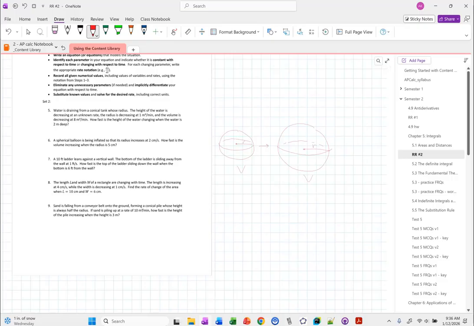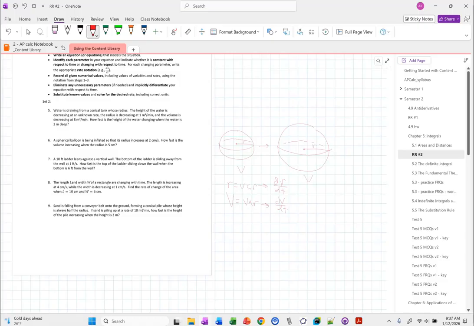If I think about my parameters, radius and volume, as that sphere is increasing, both of them are variables, right? They're both going to be changing. And because they're both variables, they're both going to generate a rate variable when I do the derivative.